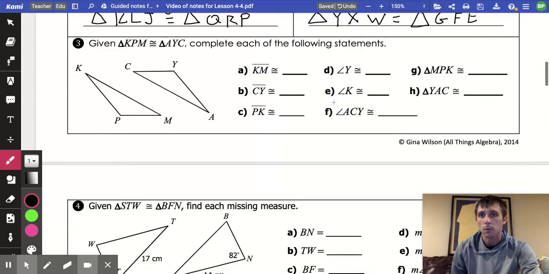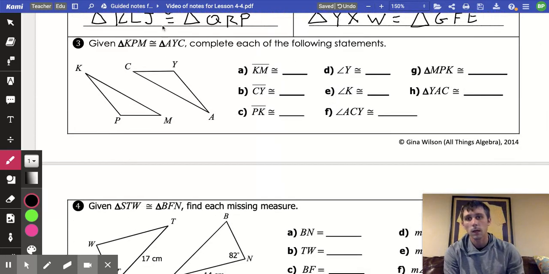All right, number 3, given triangle KPM and AYC are congruent. Complete the following statements. Okay, so what is, so KM is right here. KM, first and third. So what would be congruent to KM in the other one?